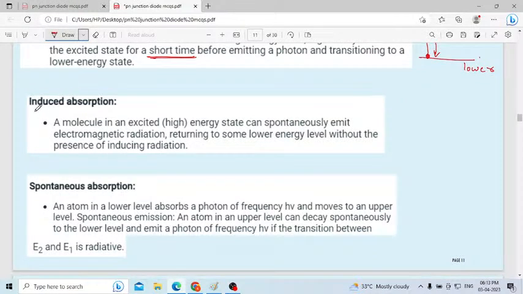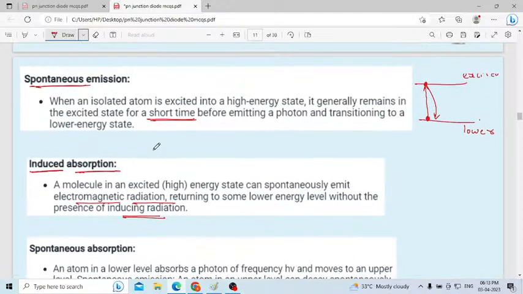Next, what is meant by induced absorption? A molecule in an excited higher energy level can spontaneously emit electromagnetic radiation, returning to some lower energy level without the presence of inducing radiation. No need to give extra energy.